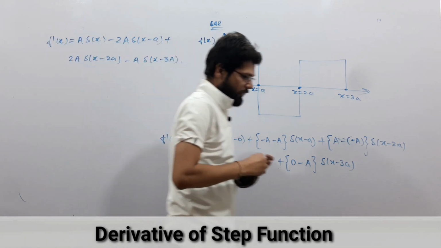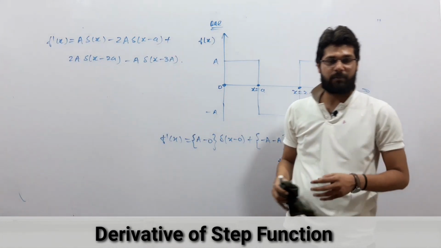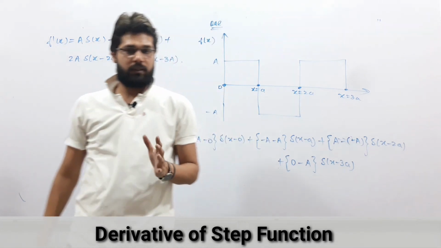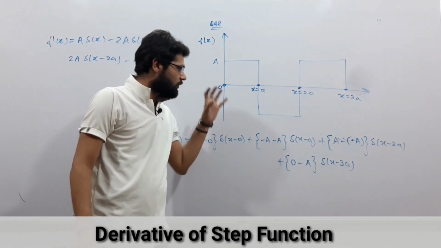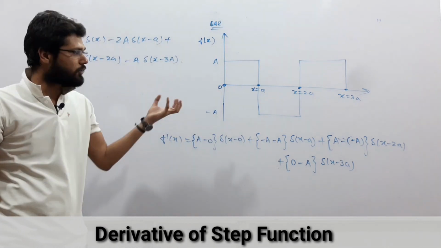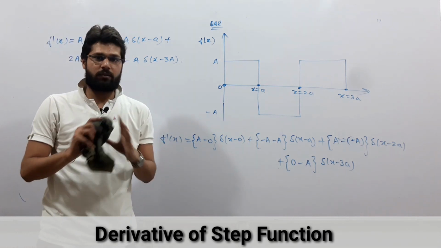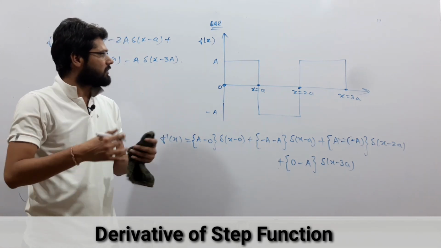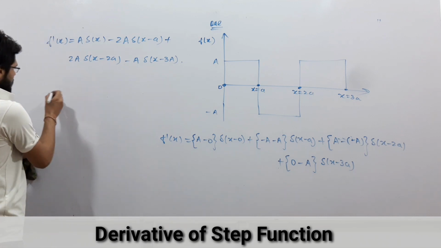So this is a very important concept in mathematics, the derivative of the step function, and this is the formula, and I have done 2 questions. So I think the concept is very clear. Let me write in the end a conclusive formula.